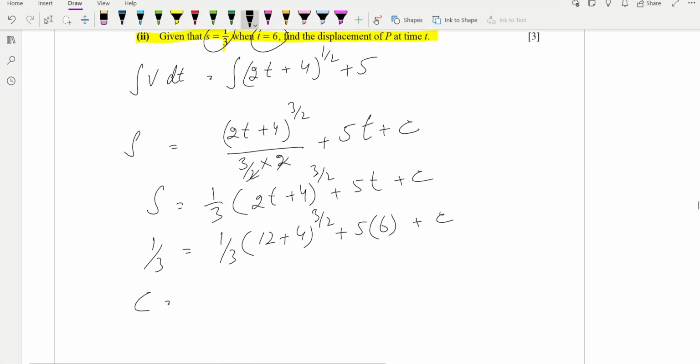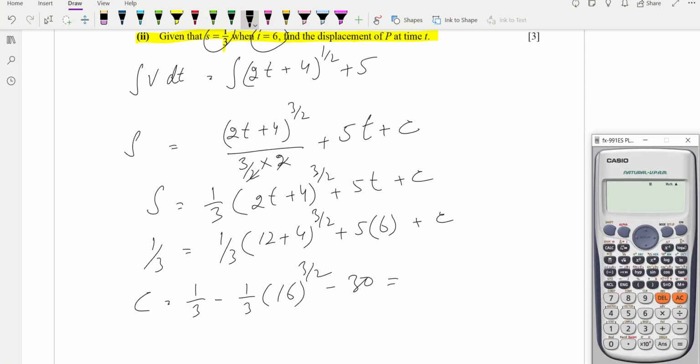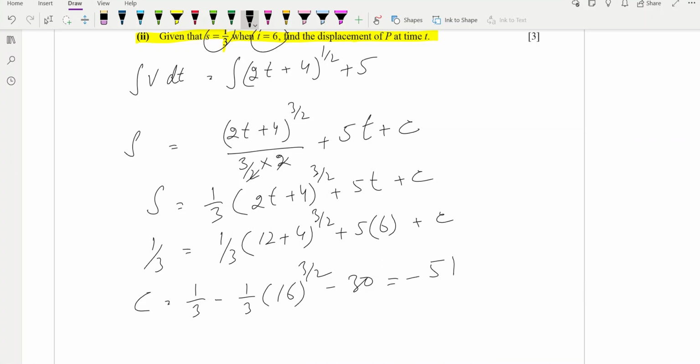So c will be equal to 1 by 3 minus 1 by 3 into 16 raised to the power 3 by 2 minus 30, and this will be minus 51. We replace minus 51 over here in the equation.